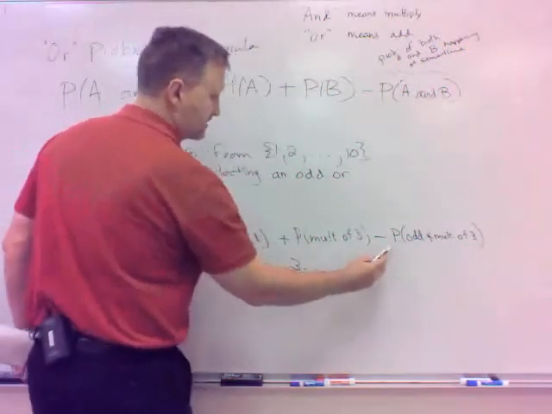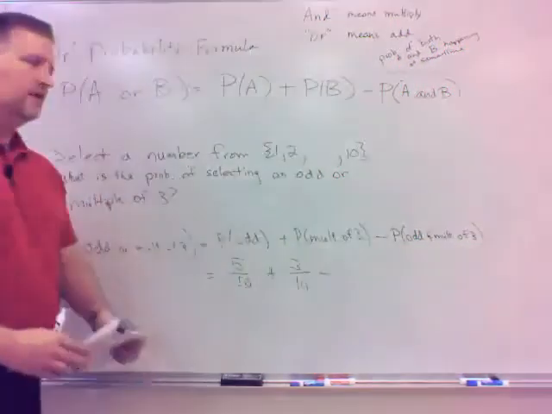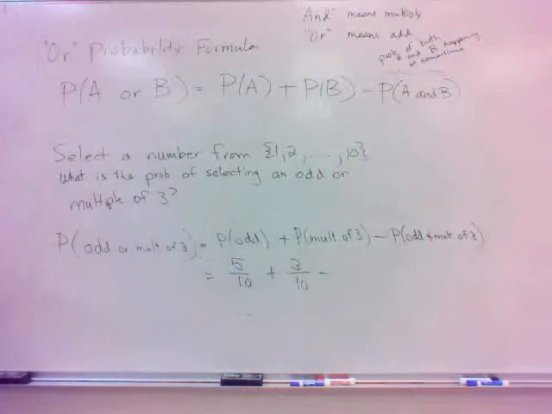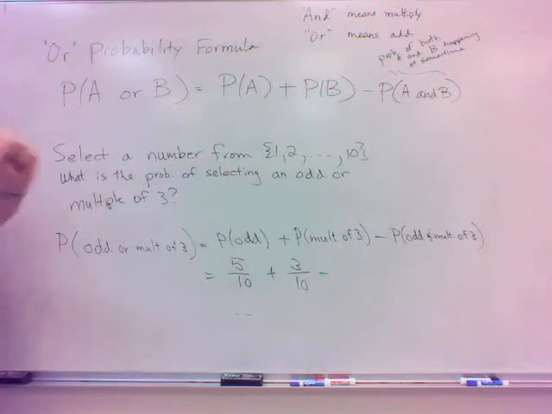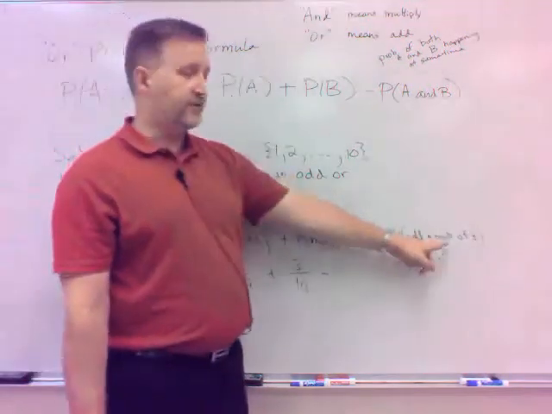All right, what about this one? What's the probability that it's odd and a multiple of 3 at the same time? Well, let's see. 3 is odd, and it's a multiple of 3. 9 is odd, and it's a multiple of 3. And 6 is not going to count here because it's even, right? I'm only doing the odd ones that are also multiples of 3.